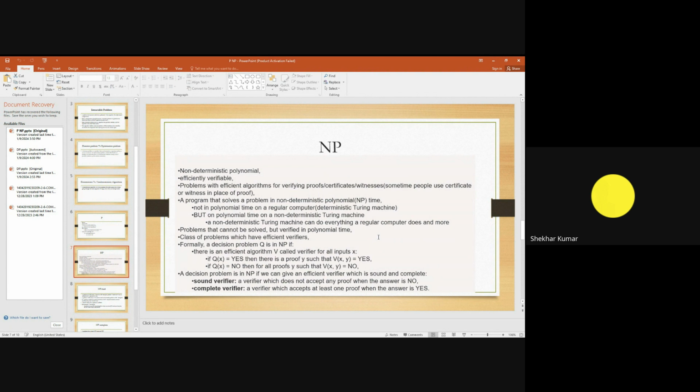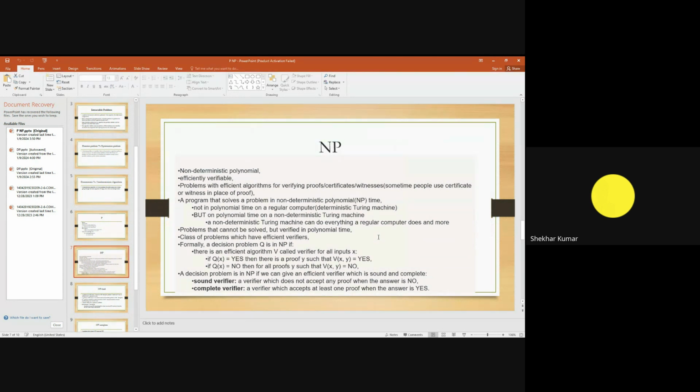It is the collection of different problems that can be solved by a non-deterministic machine in polynomial time. The solution of these NP class problems is very hard to find, since they are solved by a non-deterministic machine.